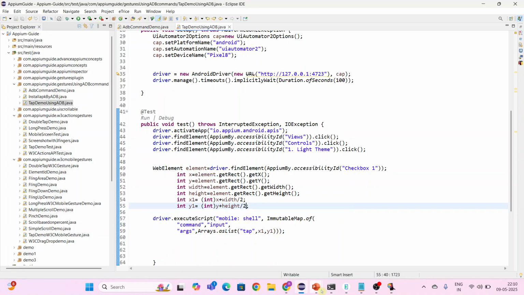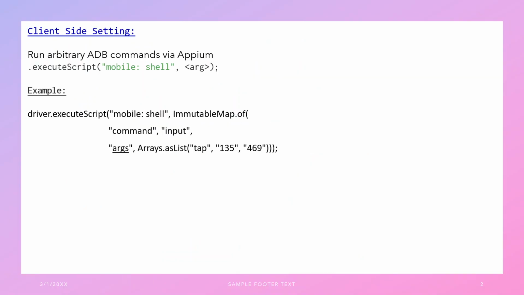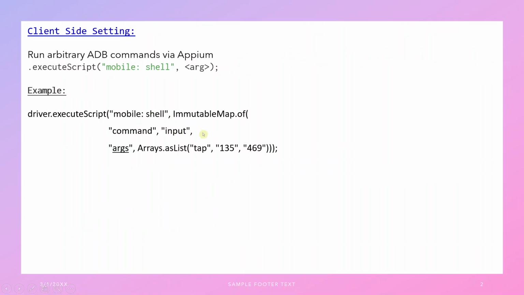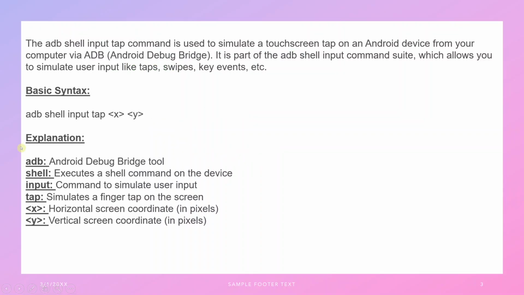As you know, our tap command, as you see in the syntax, is adb shell input tap x y coordinates. The same thing we are representing in this code: command input and this argument. So you see adb shell, the shell I'm using here, and command input tap x and y coordinates. adb shell input is the command, tap is the argument, and the x and y coordinates I'm providing here.